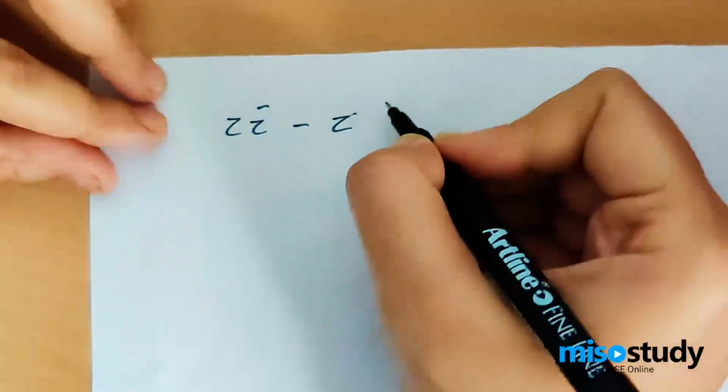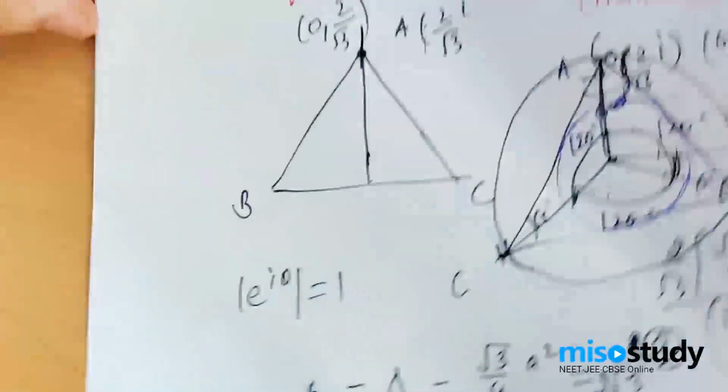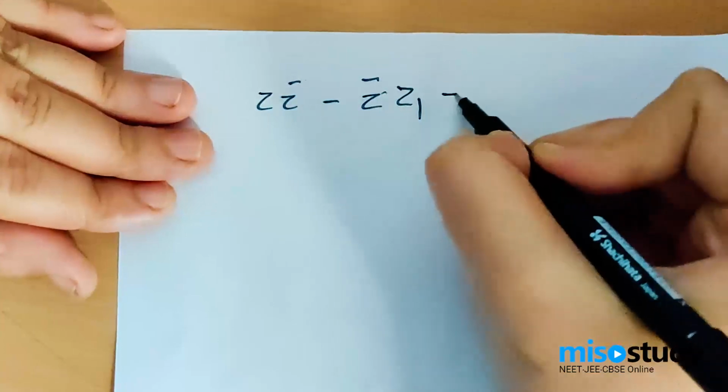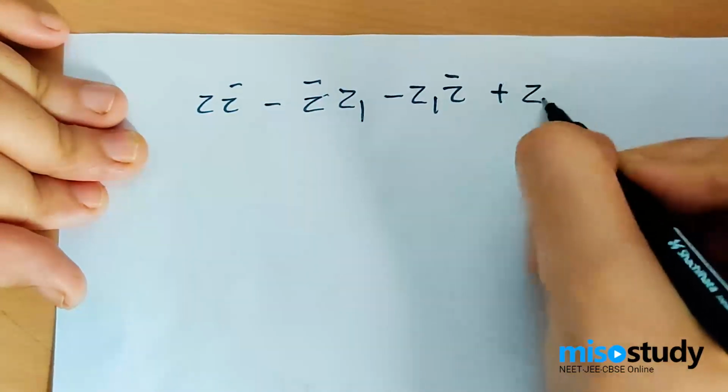Z Z conjugate minus Z conjugate Z1 minus Z1 Z conjugate and Z1 Z1 conjugate.